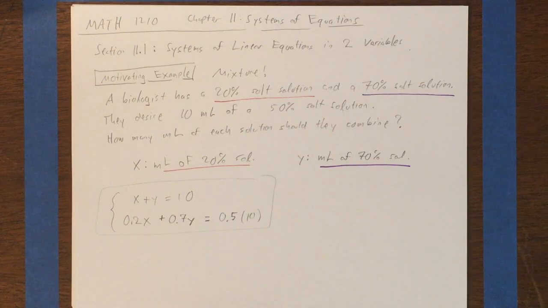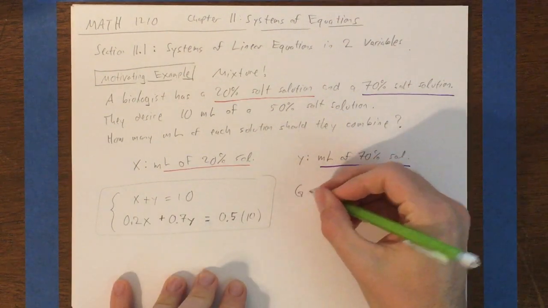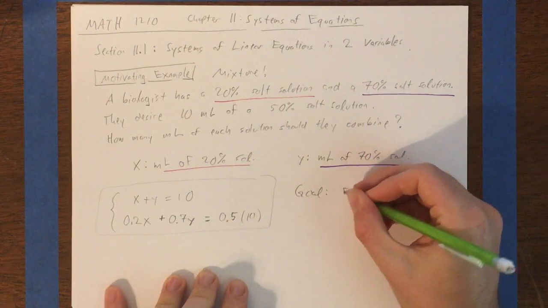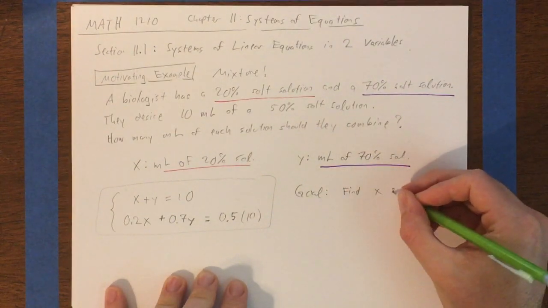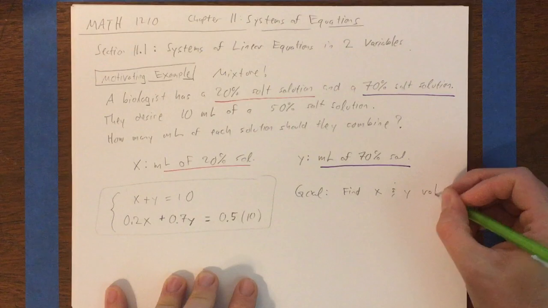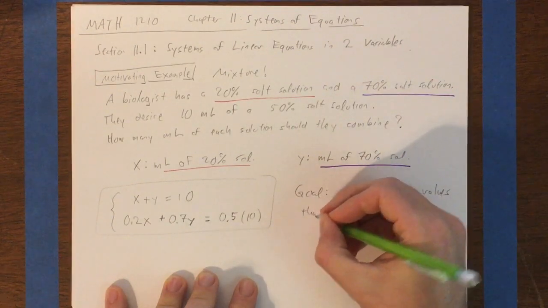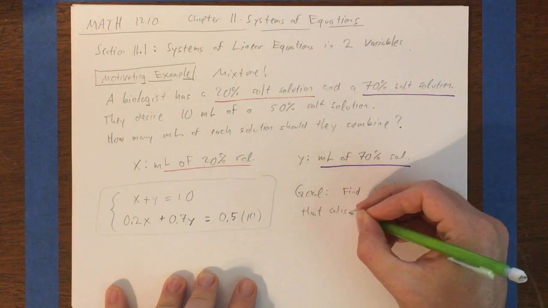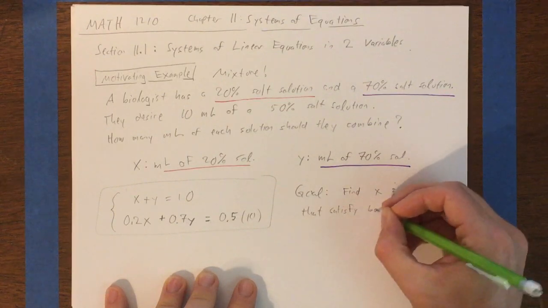The goal is to find, well, let's write down the goal here. The goal is to find X and Y values that satisfy both equations.